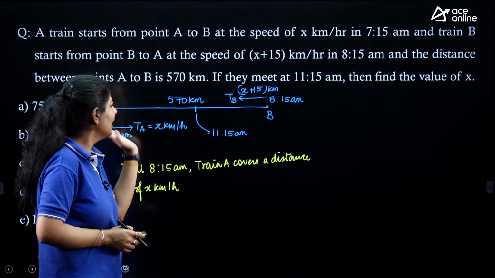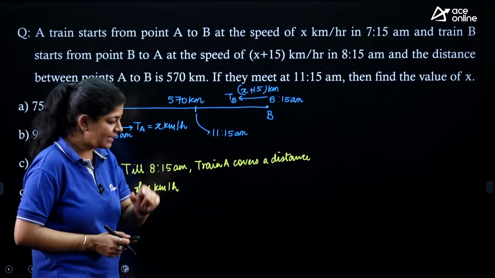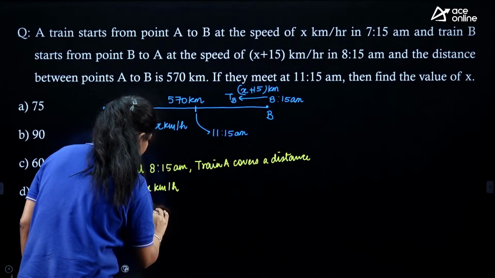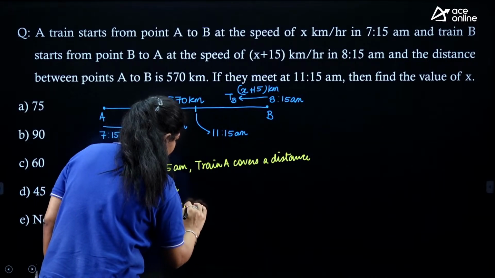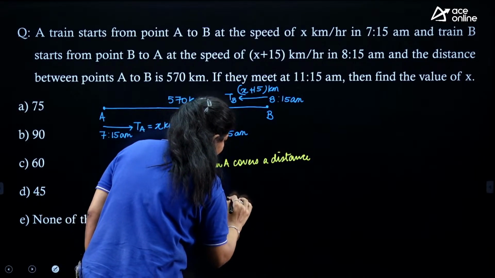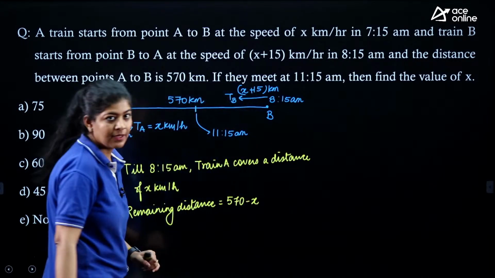So in 1 hour, how much distance can this train A cover? X distance, right? Now the remaining distance. Remaining distance is 570 minus x, right?